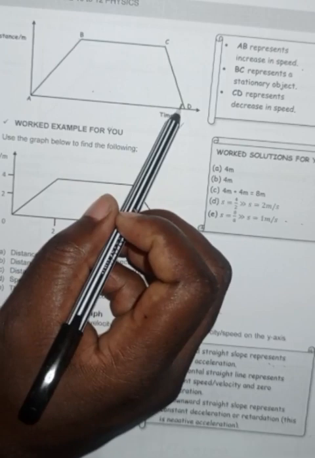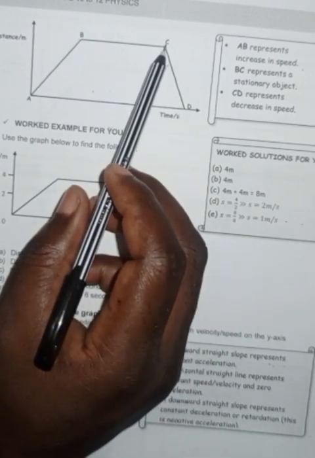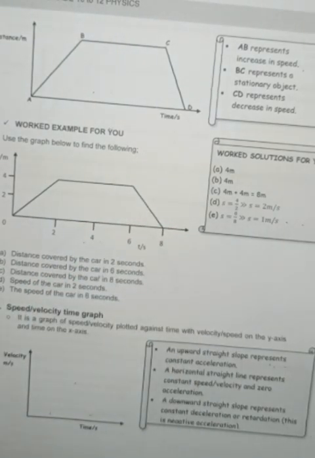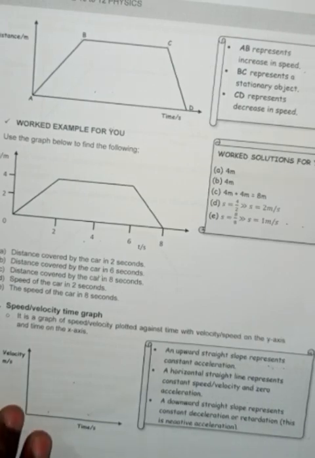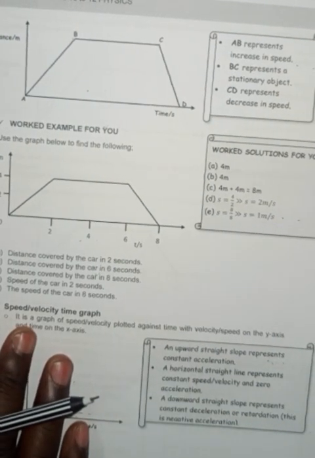And CD represents a decrease in speed. Please take note of that. We shall be using that a lot, especially as we move ahead. Now, please take note.